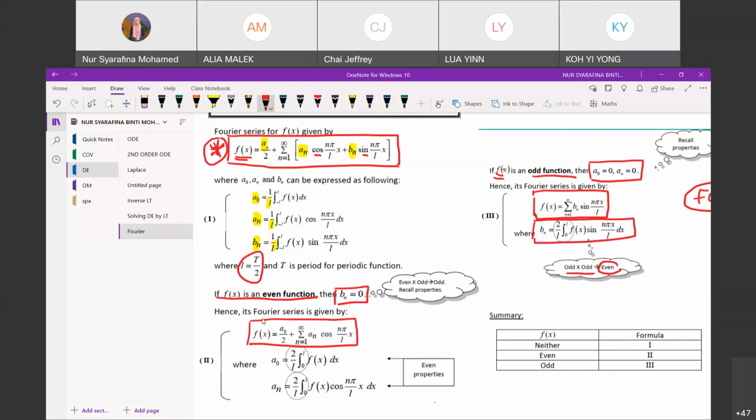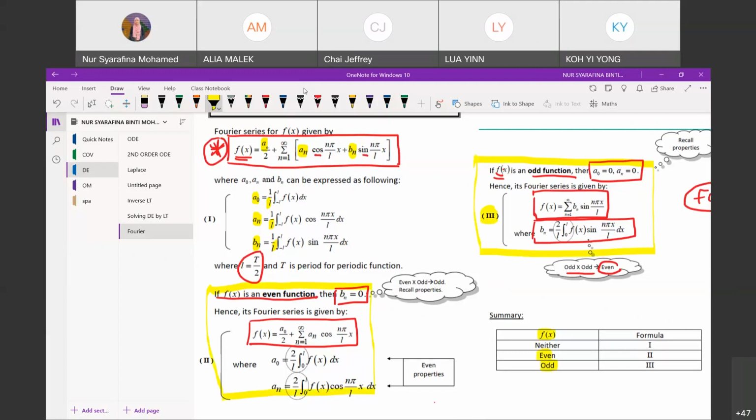So what we can conclude here is when your function is odd, you have to take a look at this third formula here. When the function is even, then just find a naught and an here.